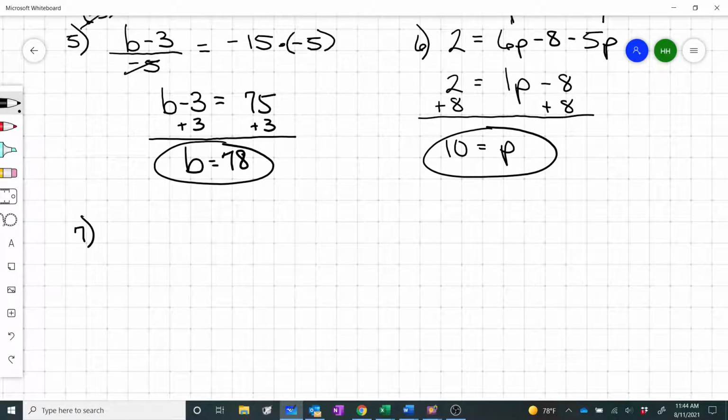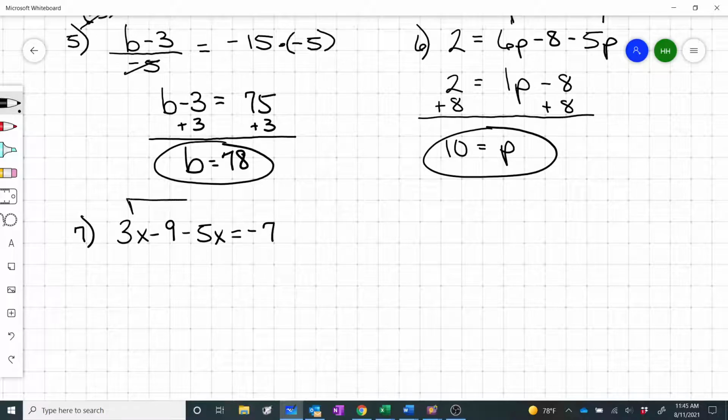Number 7 was 3x minus 9 minus 5x is equal to negative 7. And same type of problem, just now the extra x's are on the left hand side. So you still got to combine them. You got 3x minus 5x, and that's negative 2x. And then the negative 9 comes down, and it's equal to negative 7.